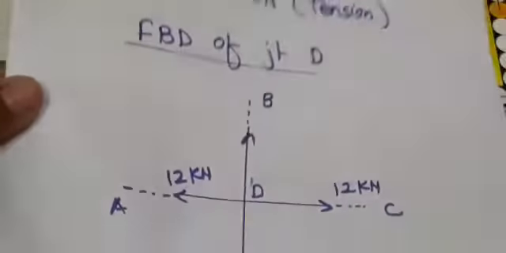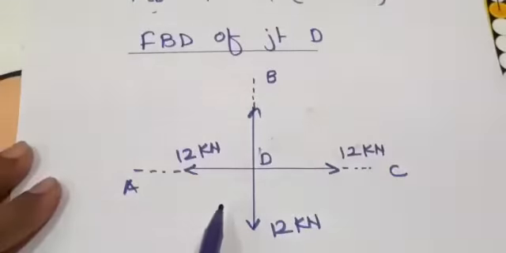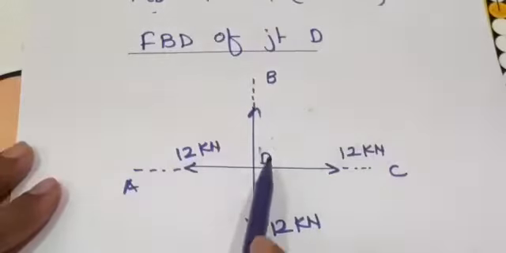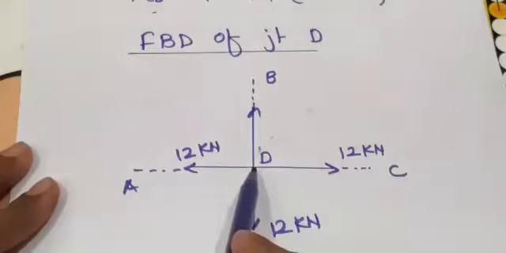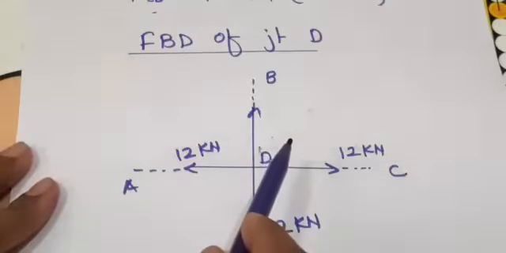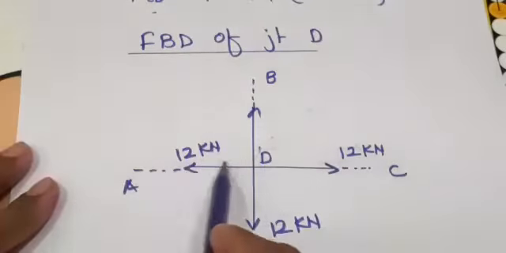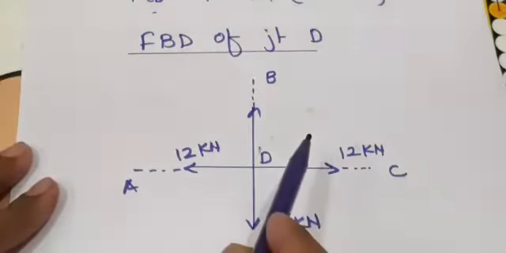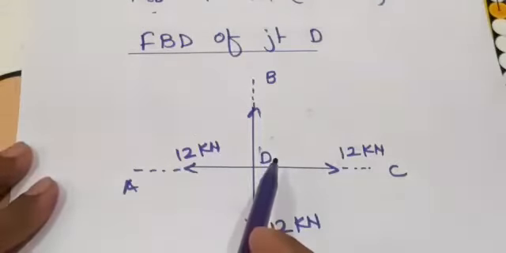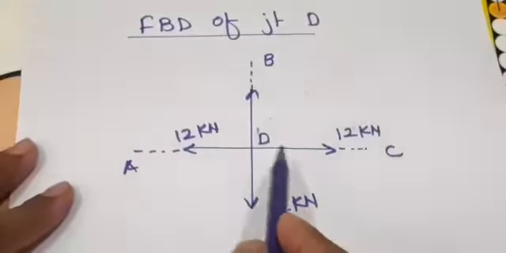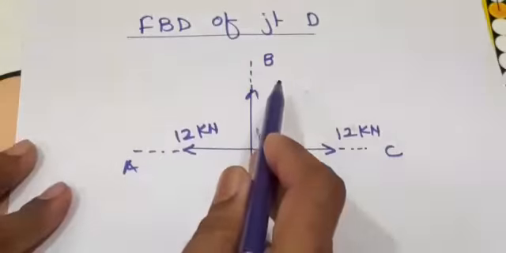Draw the FBD of joint D, which is as shown in the figure, in which there are 4 forces meeting at joint D and forming 2 pairs of collinear forces. That means in this figure DA and DC form collinear forces, having the same magnitude but in opposite direction. The same applies to the external force 12 kilonewton and the force in member DB.